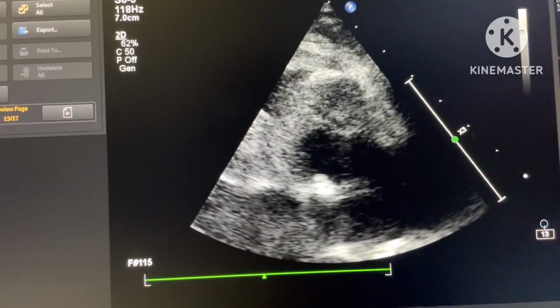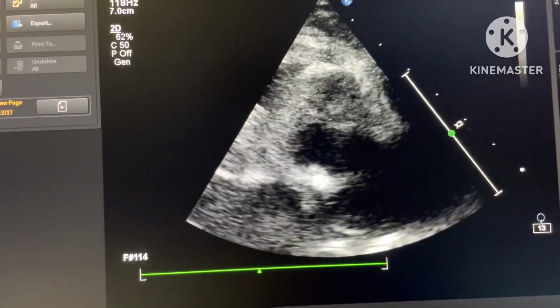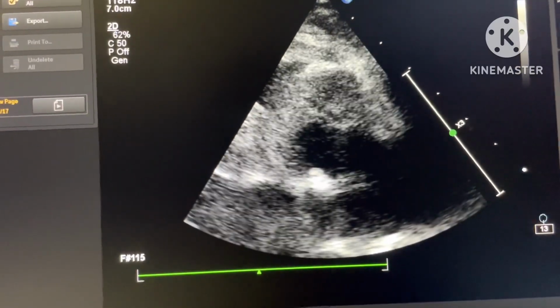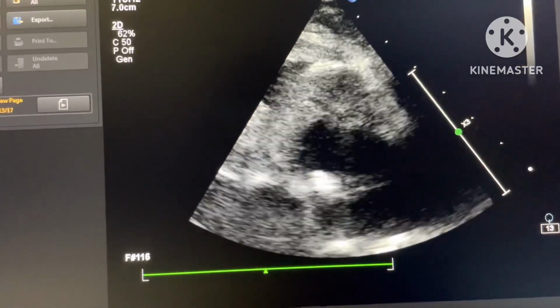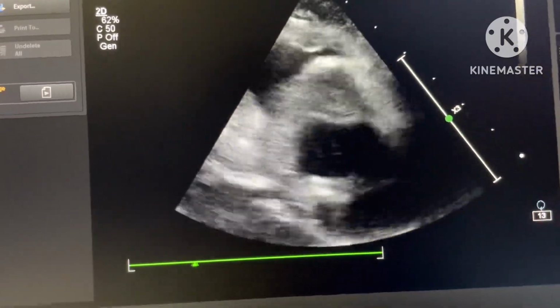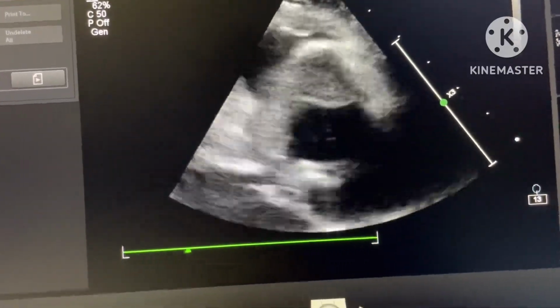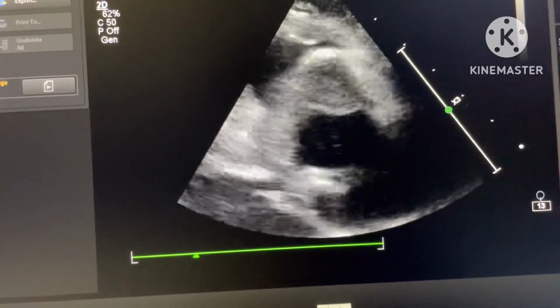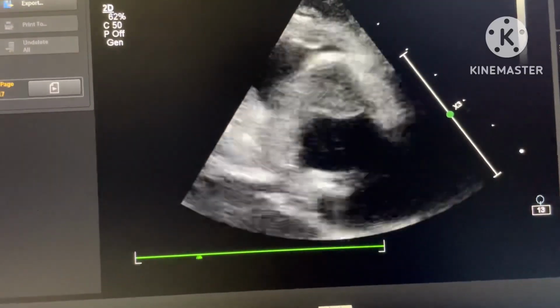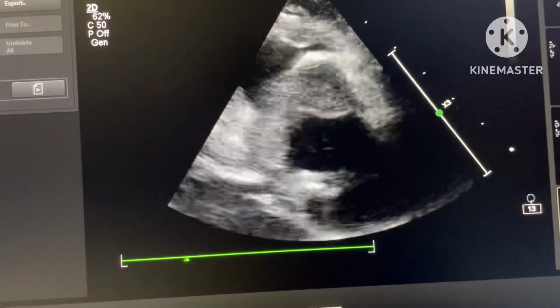So this is vegetation arising from the interventricular septum just below the aortic valve, and at the same time there is no flow obstruction within the subaortic region. So this is vegetation.